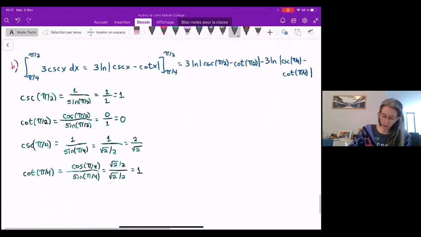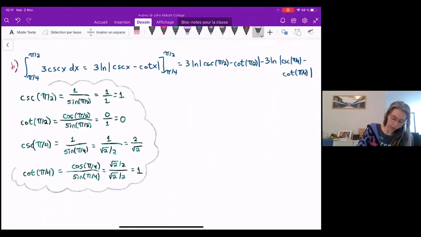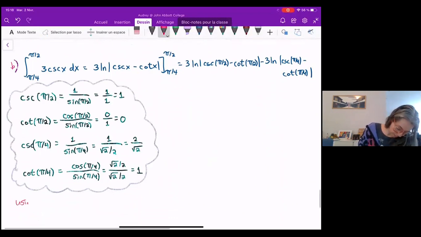So here, this was how to plug in to the trig functions, using the table and the identities to plug into the trig functions.